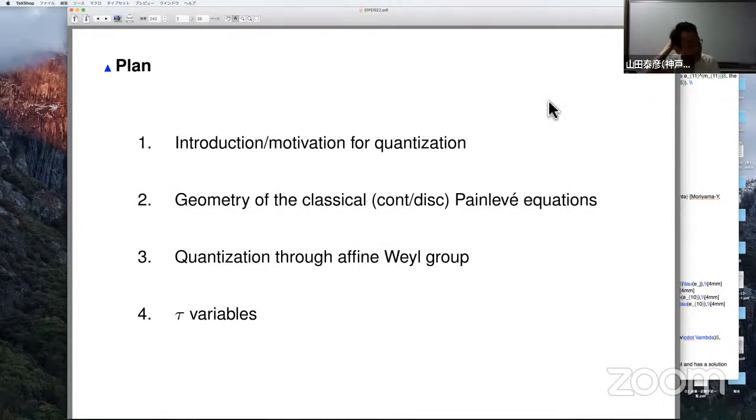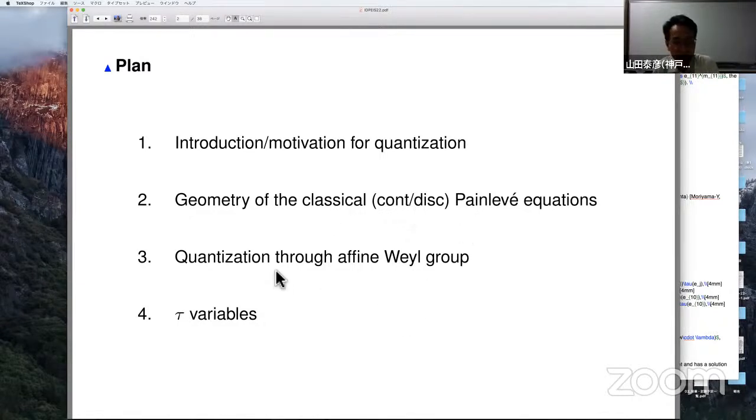So this is the plan of my talk today. First, I will explain some motivation on the quantization of the isomonodromic deformation. And then I will discuss the geometry of the classical continuous and discrete Painlevé equations.